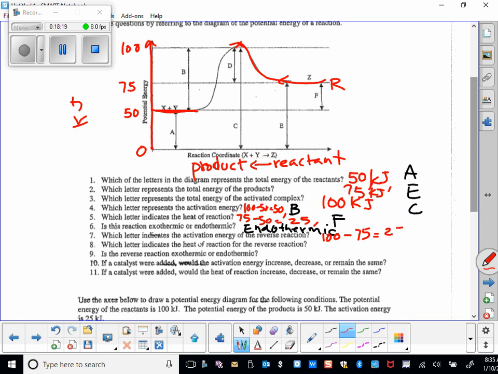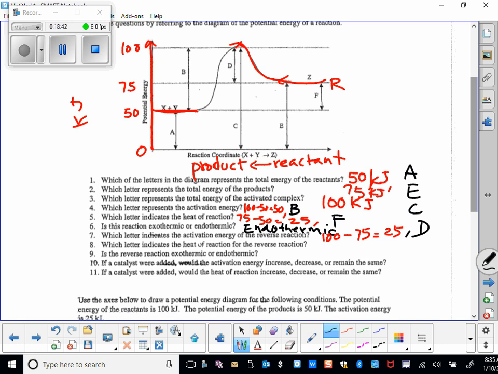So your activation energy is 25, which will be what height? Abby, what height? D. Okay? That's going to be your activation energy if you're choosing an alphabet.